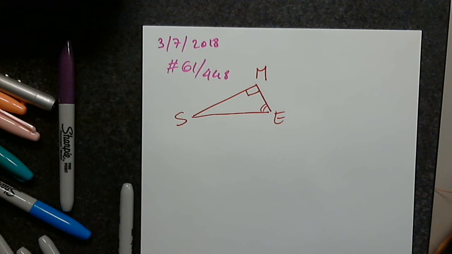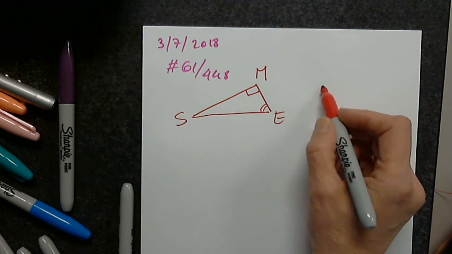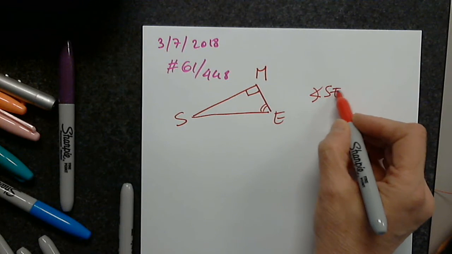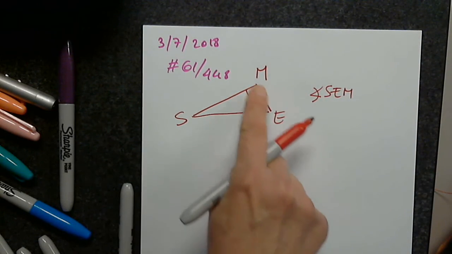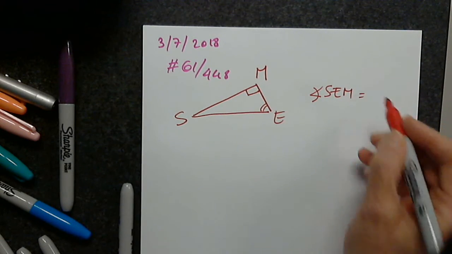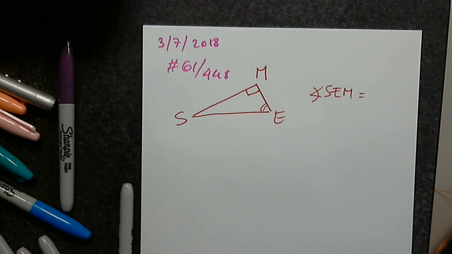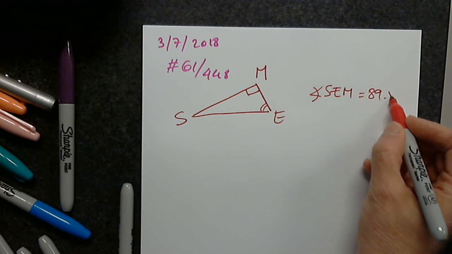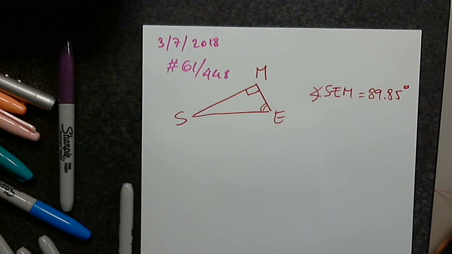They should have used the notation, not necessarily. It will be easier. But whichever one's in the middle is the angle we're talking about. So if I say angle SEM, I mean SEM. Okay. So that angle, they say, is 89.85 degrees.